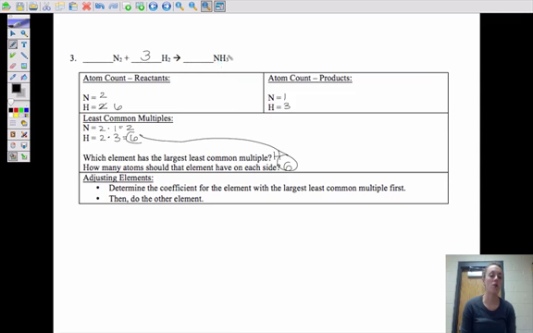If 1 molecule of NH3 has 3 hydrogen atoms, that means I need 2 of them to get a total of 6 hydrogen atoms. But these 3 hydrogen atoms are connected to a nitrogen, so now I have 2 times 1 nitrogen atoms. If I look, my hydrogens are balanced and my nitrogens are balanced. And again, if you're not comfortable with leaving this blank, you can put a 1 here.